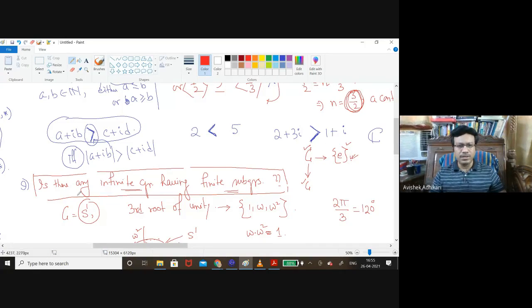So if I ask you this question, the answer is obviously yes, because take any infinite group and consider E. Then that group will always have a finite subgroup. Take any infinite group, doesn't matter, consider E, and your answer is always yes.